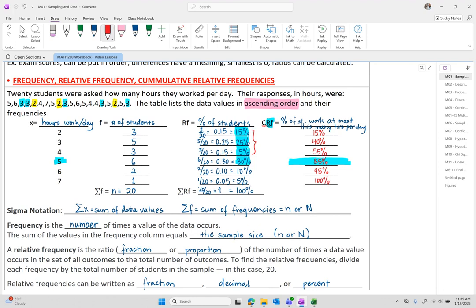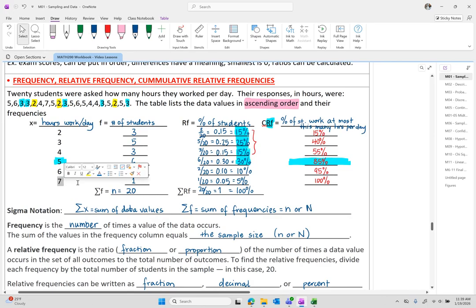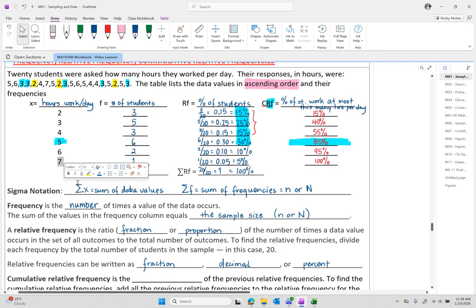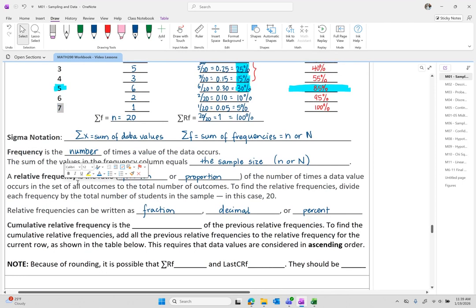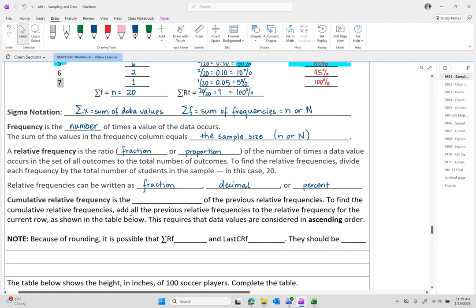Now, that's a good indication that my calculation of cumulative relative frequencies is correct, since at the largest value of work hours per day, my whole sample has now been included. At the maximum value of the variable, I have included the whole sample.